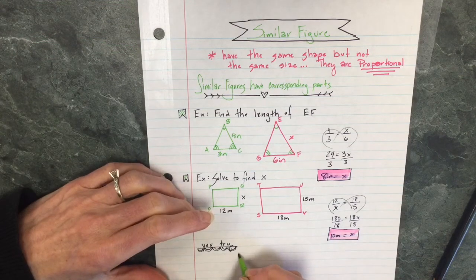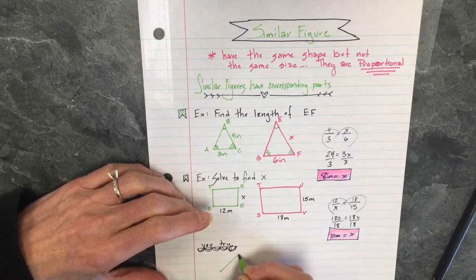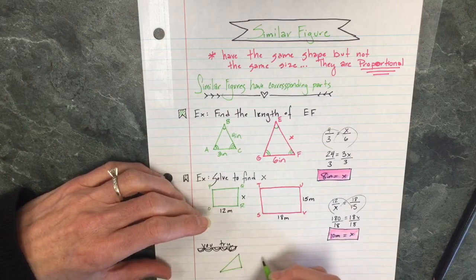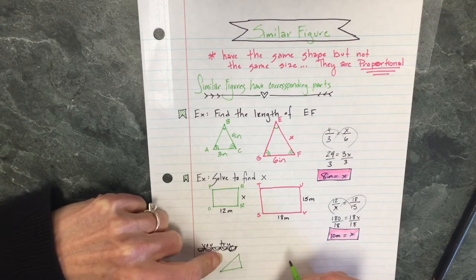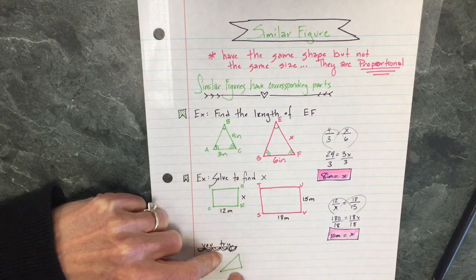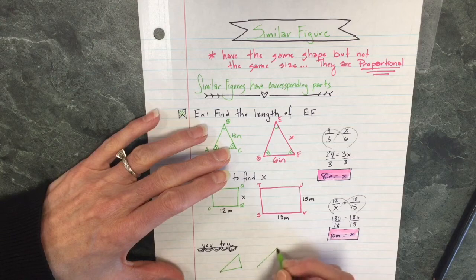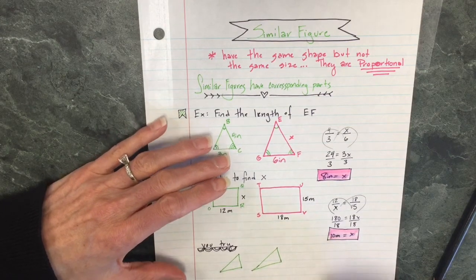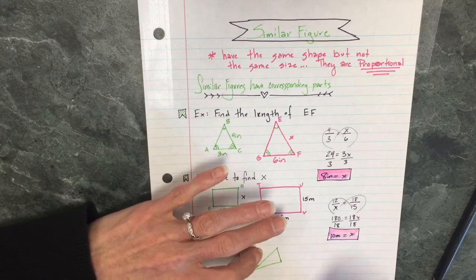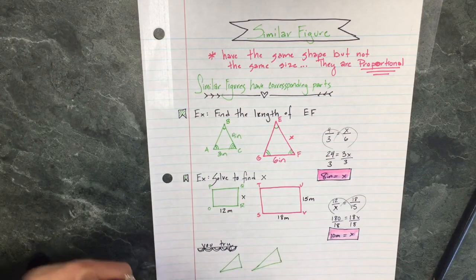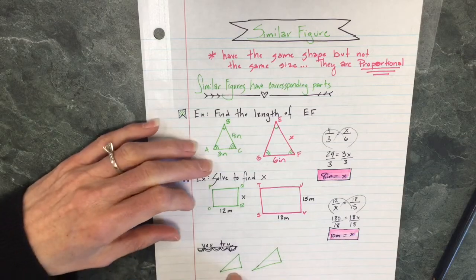Got similar triangles, where this side is 14 centimeters and this side is x. And then we have a larger but similar triangle. This side is 21 and this side is 24. And the units are miles. So I want you to find what x equals.